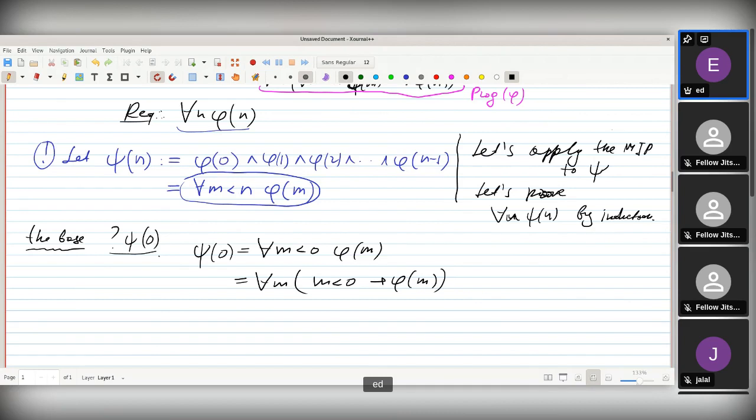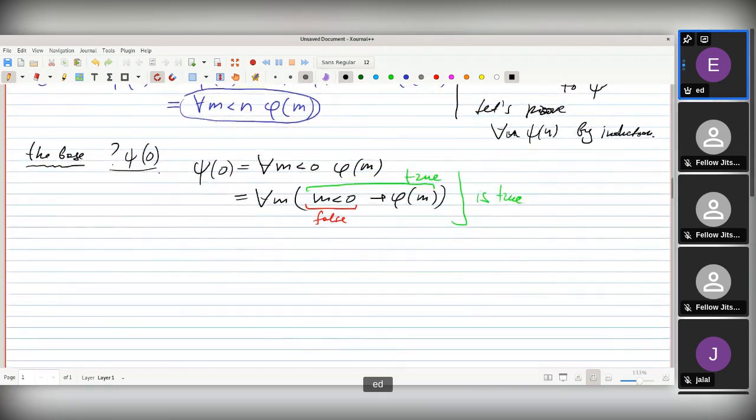No, exactly. So this assumption is false. But from falsity, it follows everything. Hence, this whole implication is true. So psi of 0 is true. Is it clear? Yes. Okay.